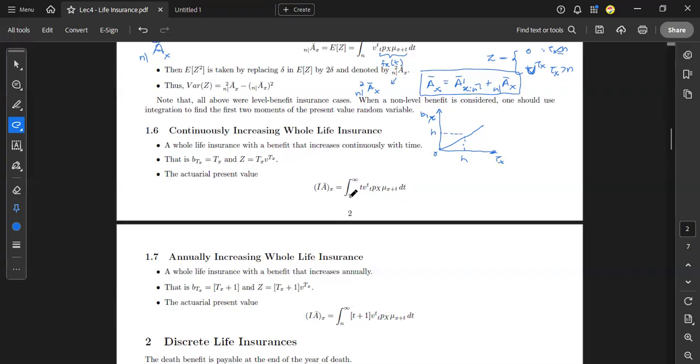And in here it is a continuously increasing whole life. So since it is whole life, the integral goes from 0 to infinity. If it is deferred whole life, then it goes from n to infinity. So the notation says this is increasing.